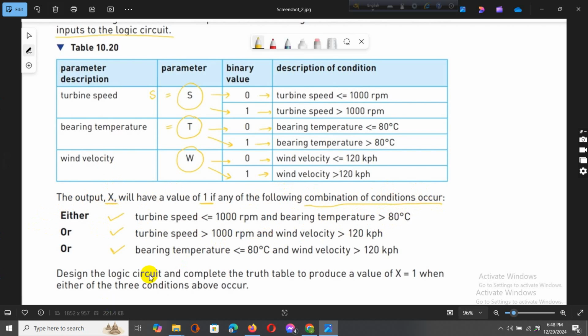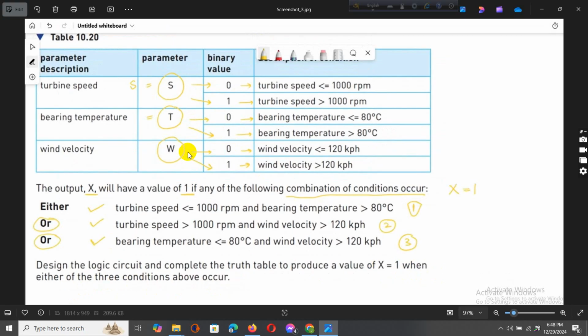So you have to design the logic circuit and complete the truth table to produce a value of X equal to 1 when either of the three conditions above occurs. So this is your condition. There are three conditions given in your question. If any of the conditions occurs, then your output X will be 1 and the wind turbine will be shut down.